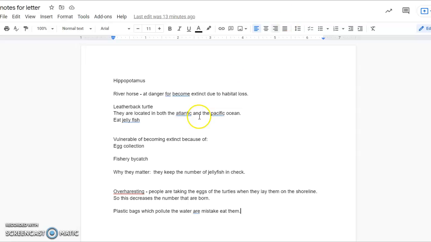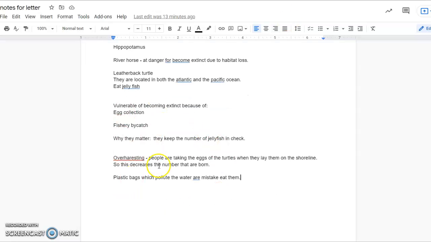So in my notes, I wrote all these notes down, and I have a question, and that is, why is it legal in Southeast Asia to harvest the eggs if they are endangered, or if they are vulnerable?